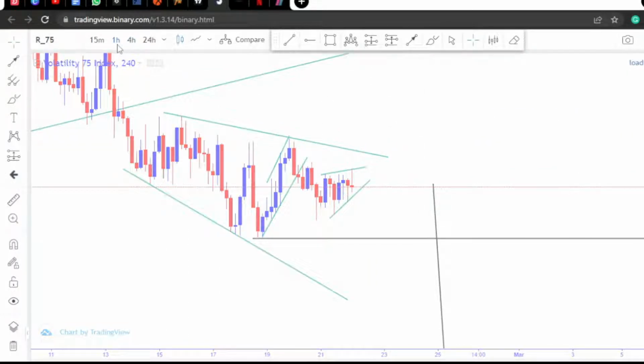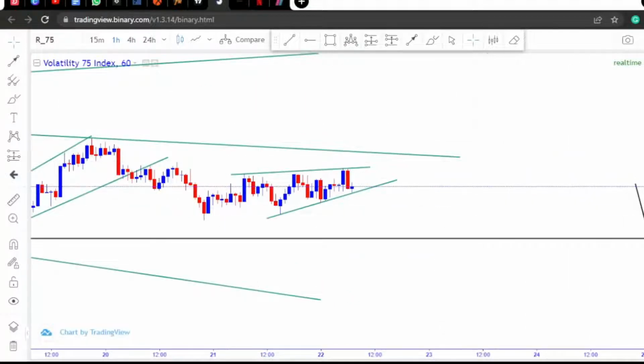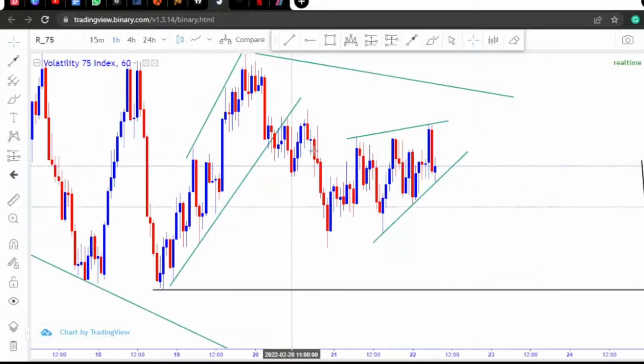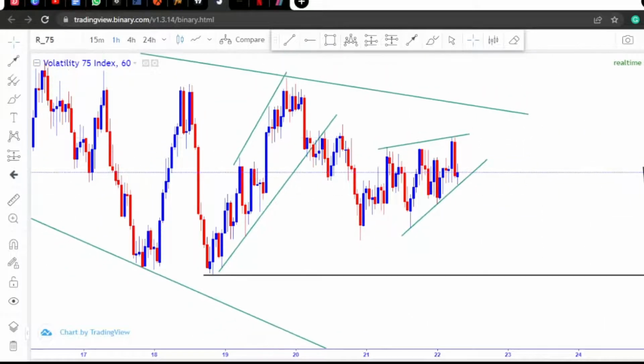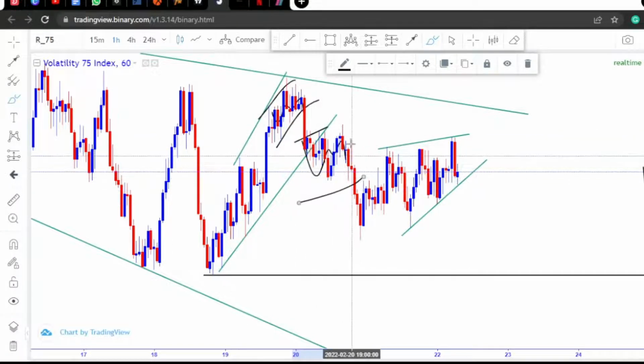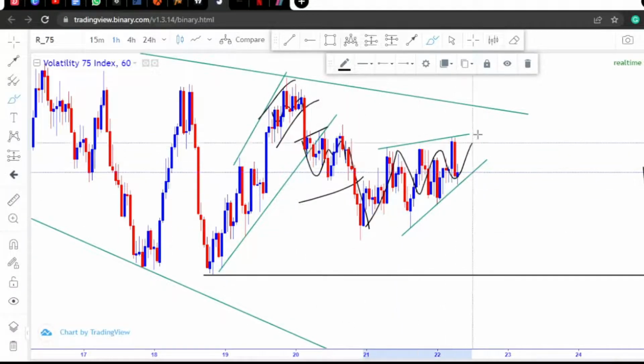So let's go to the 1 hour time frame. Here you can see it's giving us some sort of a pattern. It was going up, then it gave us this pattern here and broke out, then consolidated here and broke up. Now this is a bigger consolidation, maybe before we see a fall.